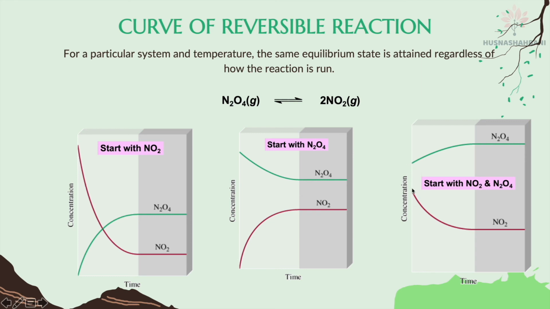N2O4, the reactant, increases, and NO2, the product, decreases. And at a particular time, the forward reaction and the reverse reaction rates are the same, meaning the concentrations of product and reactant remain constant. There is no change in the concentration of product and reactants after the equilibrium state is attained.